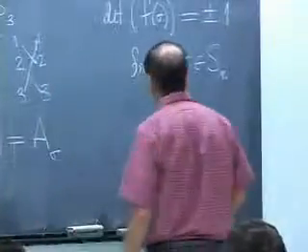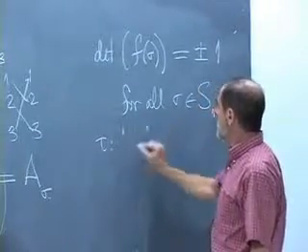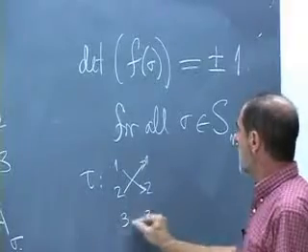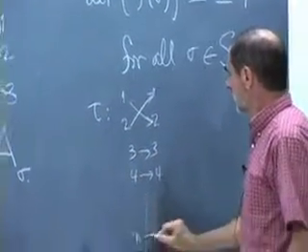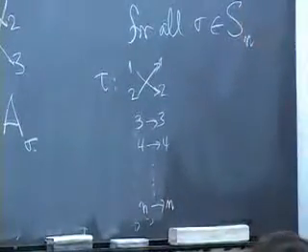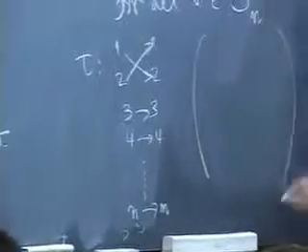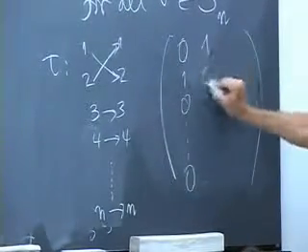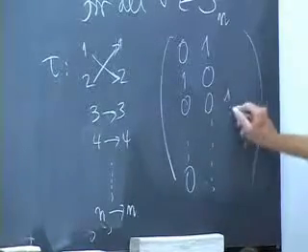And the determinant can be minus 1, if you take a transposition which takes 1 to 2 and fixes everything else. So that's our simplest element in the symmetric group that moves anything, then as a matrix it looks like this, and then it has 1s the rest of the way down the diagonal.